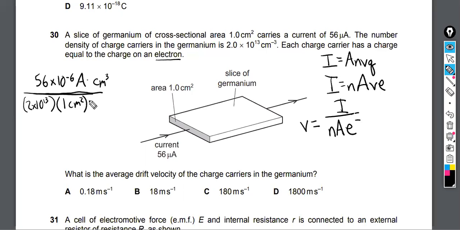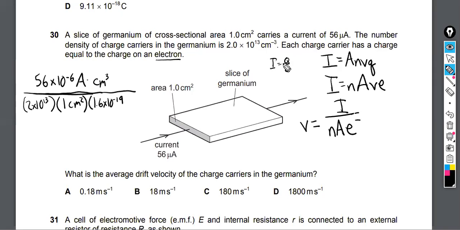Then remember that the charge on an electron is 1.6 by 10 to the negative 19, and a coulomb is an amp second. Remember where this came from: I equals Q over T, and Q is really equal to N A L E, where L is the length of this slice here.